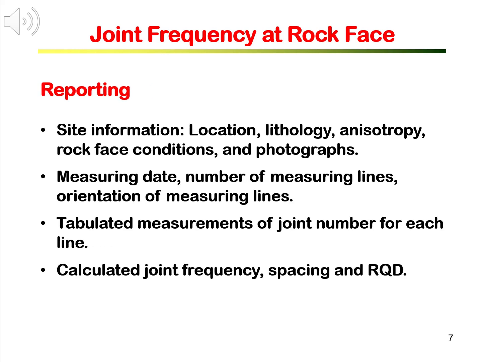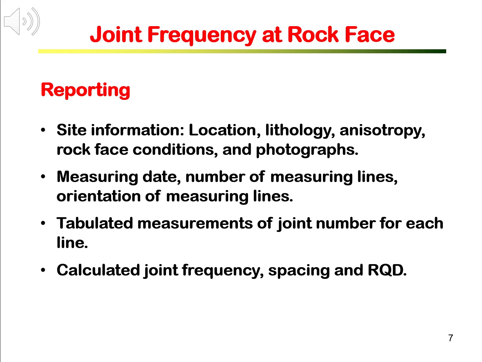Reporting of the site measurements of joint frequency, spacing, and RQD will need to include: A. Site information, again, location, lithology, anisotropy, rock face condition, and of course photographs. B. Measuring date, number of measuring lines, orientation of the measuring lines, whether it's horizontal or inclined.